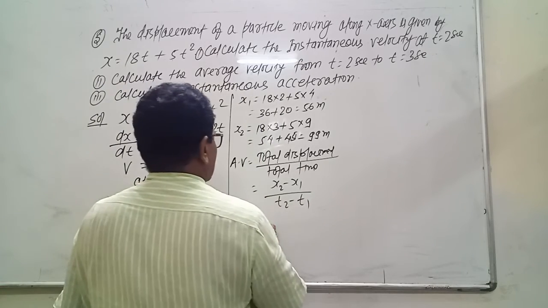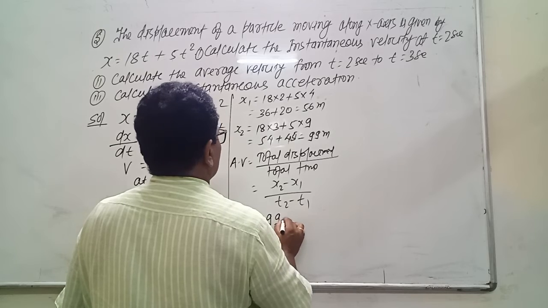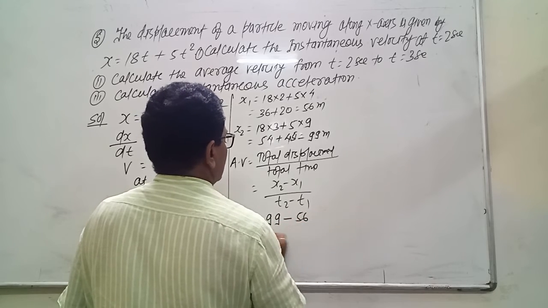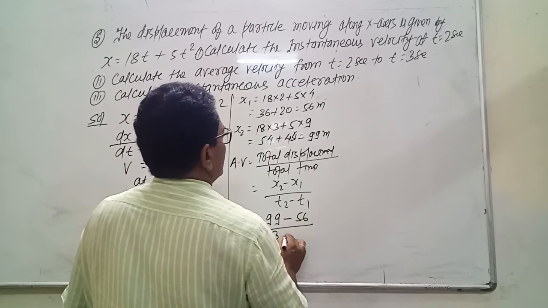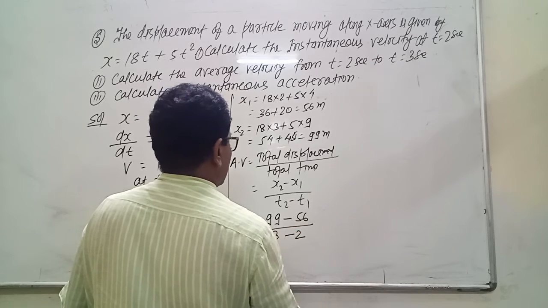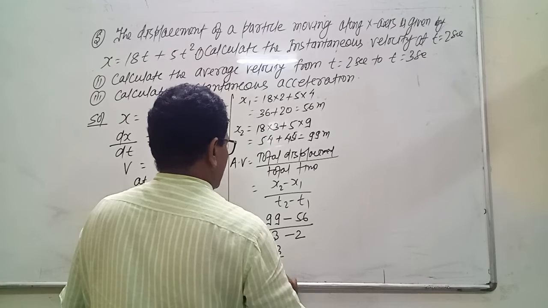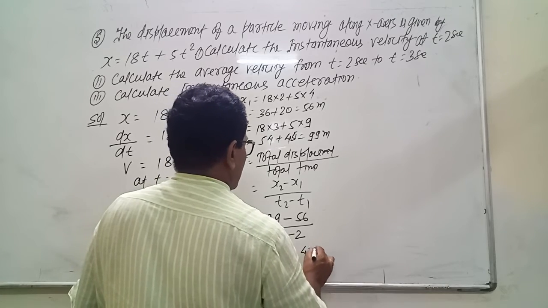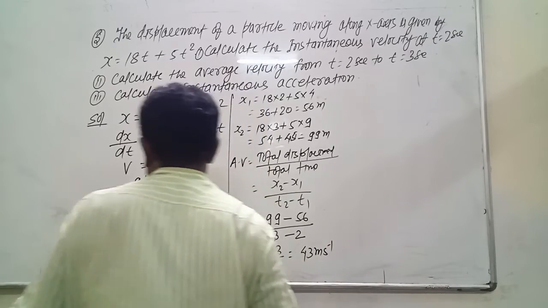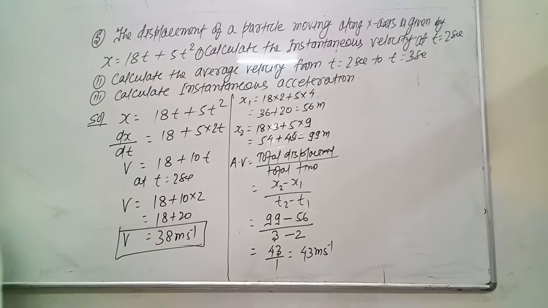The value of x2 is 99, the value of x1 is 56, t2 is 3, t1 is 2. So it gives 43 by 1, which means 43 meters per second. So this is the average velocity in a journey from t equals 2 seconds to t equals 3 seconds.